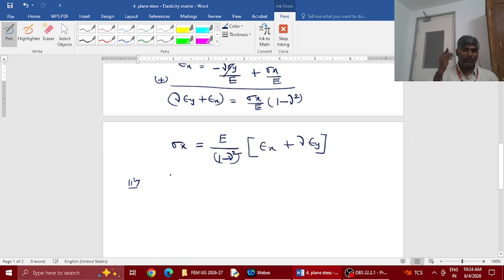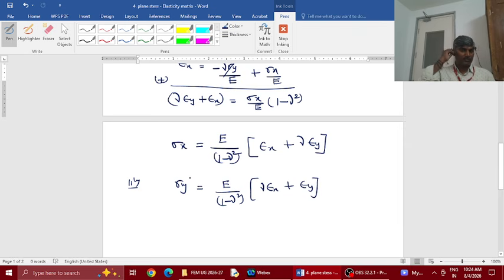Similarly, you can carry on with sigma y, which is equal to E by 1 minus nu square into nu epsilon x plus epsilon y. So this is the sigma x and sigma y expression.